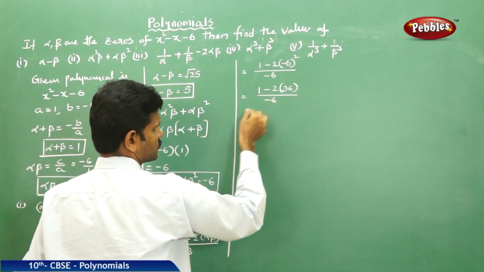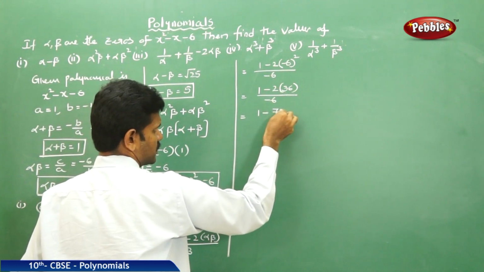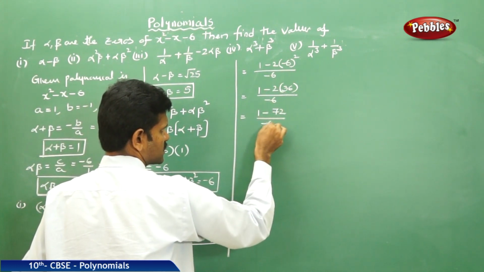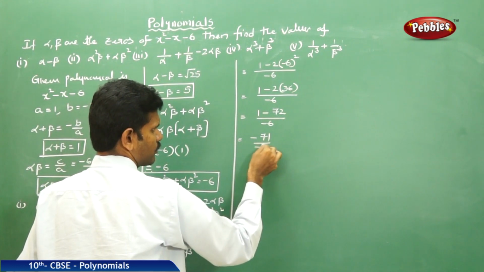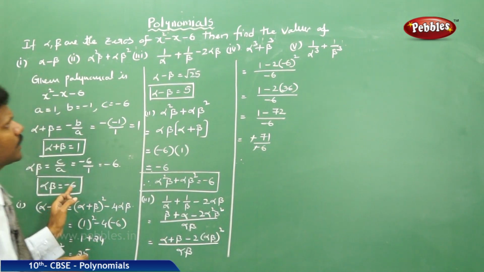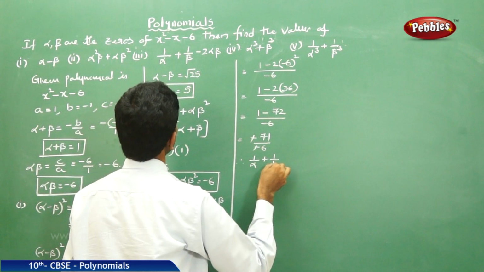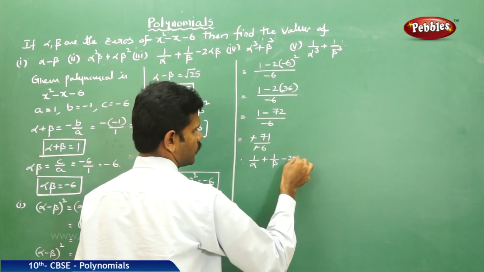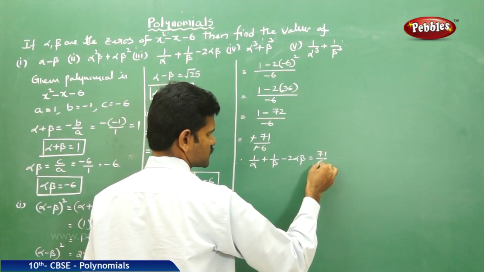That is equal to 1 minus 36 twos are 72 by minus 6, that is equal to minus 71 by minus 6, minus minus gets cancelled. Therefore the third option, 1 by alpha plus 1 by beta minus 2 alpha beta, value is 71 by 6.